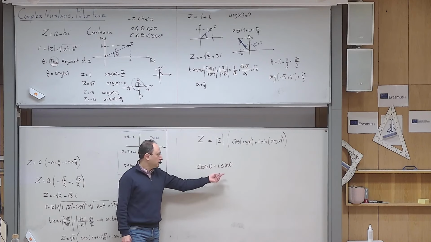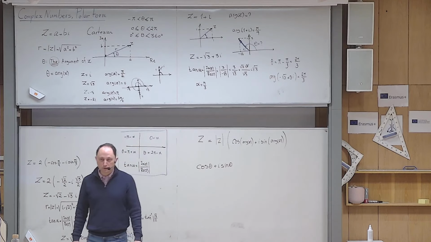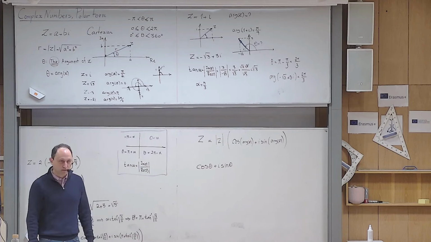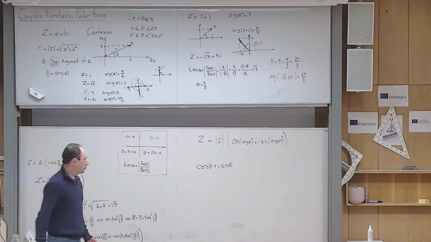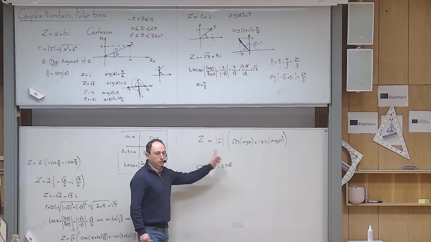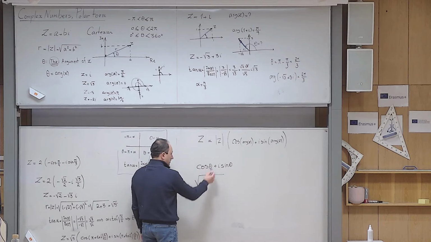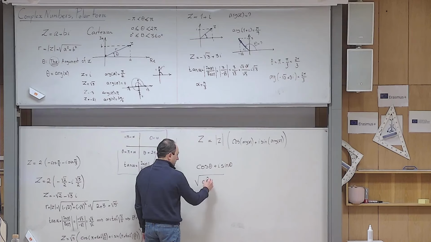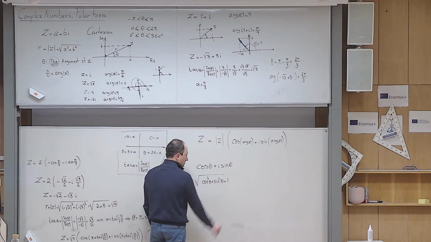What's the imaginary part? Sine theta. So if I ask you, what is the absolute value of this complex number for some value of theta? What's the answer? Yes? 1. Why? Because the absolute value is the square root of the real part squared plus the imaginary part squared. But this is famous. The answer is 1.